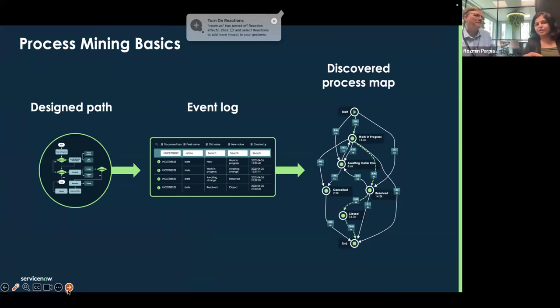If you look at the picture here, if you start designing your process and mapping it step-by-step, you probably would take a lot of time to do it. When I was a process analyst, I would do it that way using BPMN or Sparks. But what process mining says is just go to your event log, that's your audit data, and let the system automatically derive your process map.